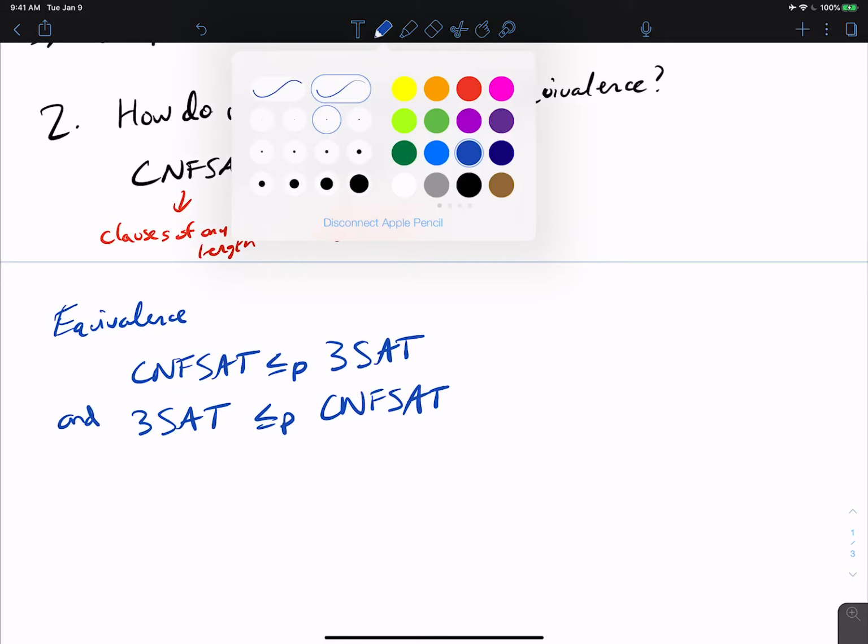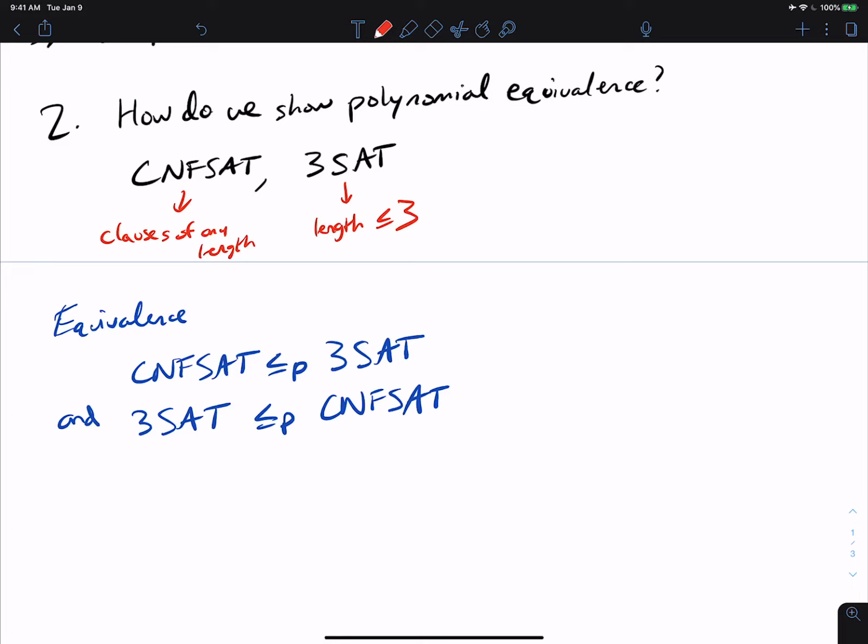So how do we actually show in this case how to do it? Well, this one we did in class, which is that idea of splitting a clause into 2 smaller clauses and then just repeating over and over. For this one right here, we have to transform an instance of 3-SAT, a formula with clauses of size at most 3, into a formula with clauses of any size.